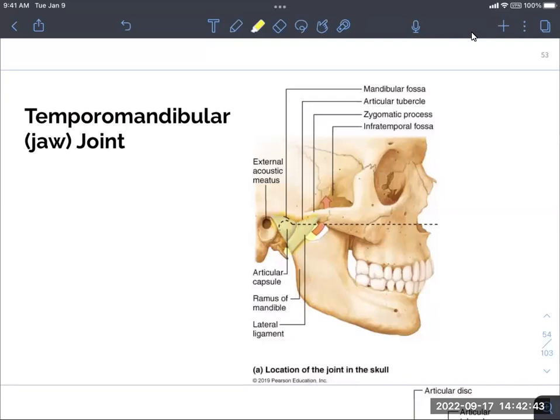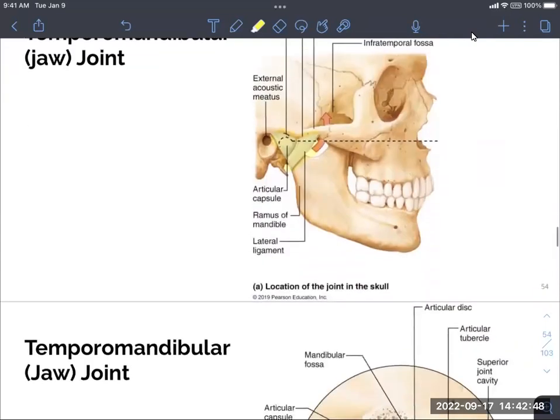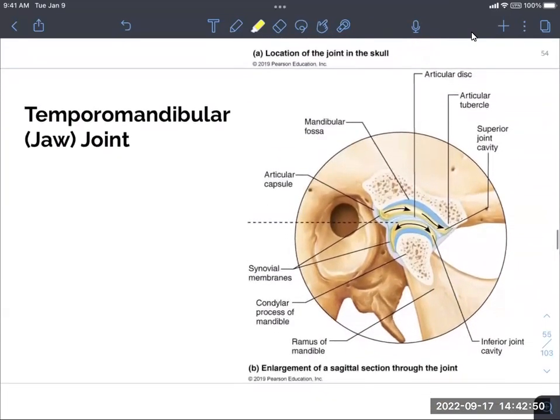And that's between the mandible and that temporal bone. Here's another view, kind of a slice right through the joint. You see that synovial membrane. You see how everything glides nice and easily back and forth over that joint.